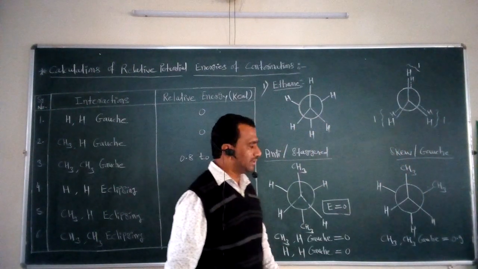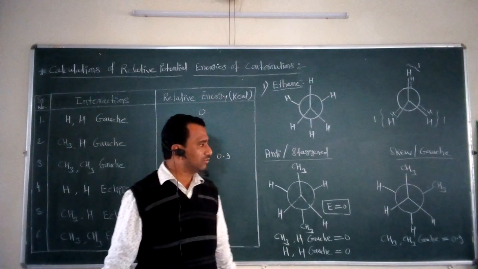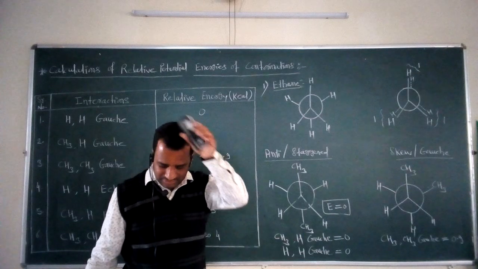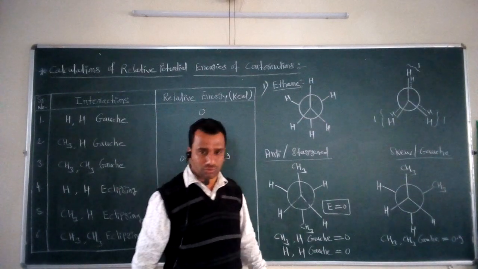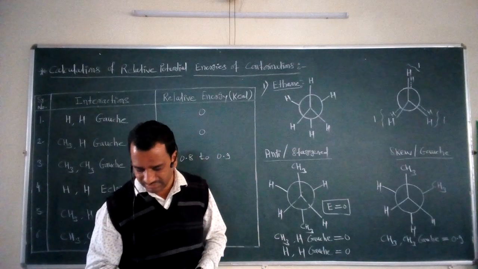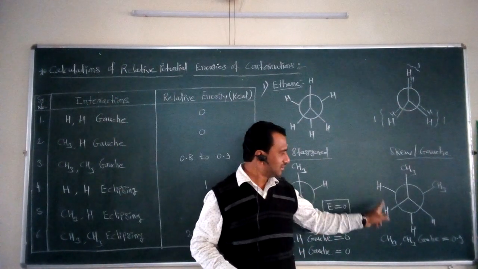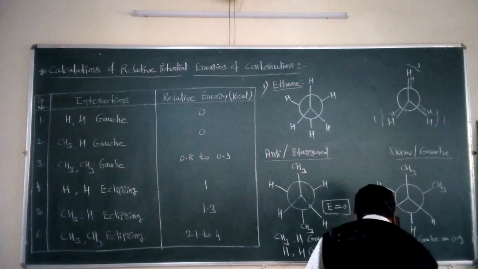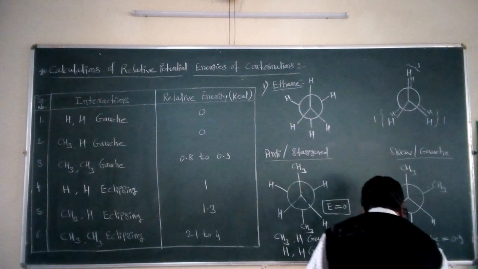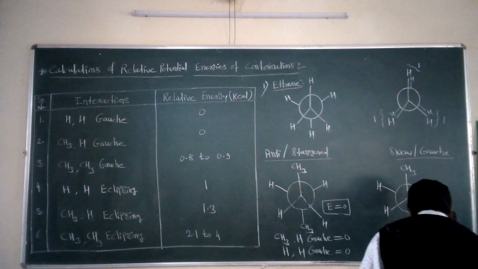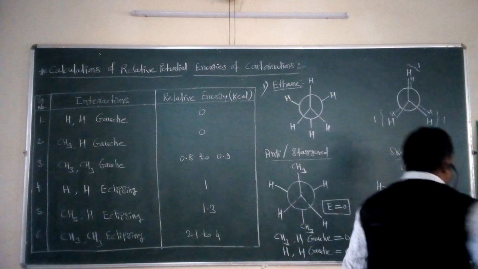So these two methyl groups give a gauche interaction contribution equal to 0.9. The second important interaction in this case is the hydrogen-hydrogen gauche interaction, with a contribution equal to 0.